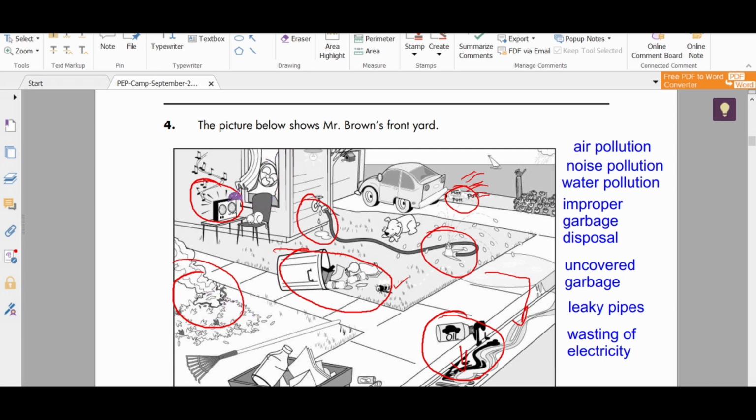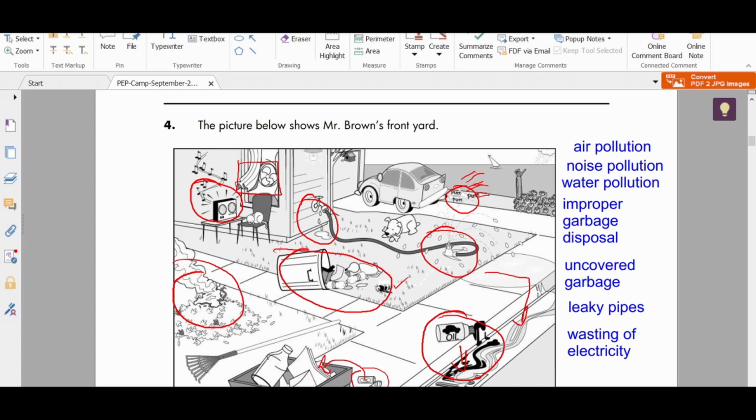We see electricity being wasted, because this fan looks like it's blowing outward, since the curtains are pushing out. So the fan could be blowing out into the environment and not pulling cool air in, and that would be a waste. Those are just some of the things we can see. Again, garbage is not being placed in the right container.